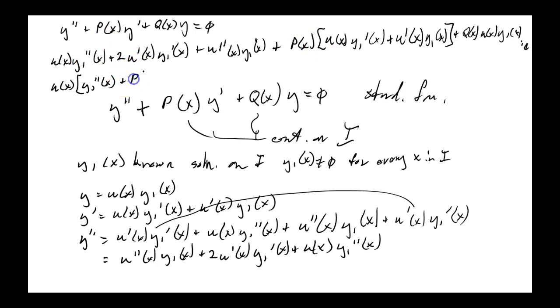Plus p of x times y1 prime of x. We've accounted for this one and this one here with the p of x multiplied through. And my next u of x is going to show up here, and that's going to be plus q of x, factored out the u of x, and that just leaves me a y1 of x. That accounts for this term. You got it?